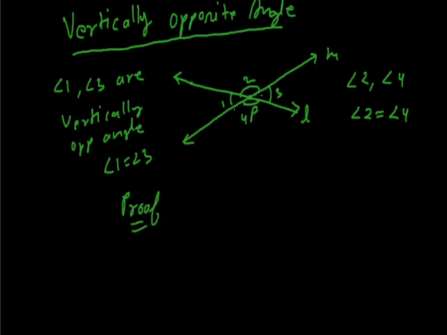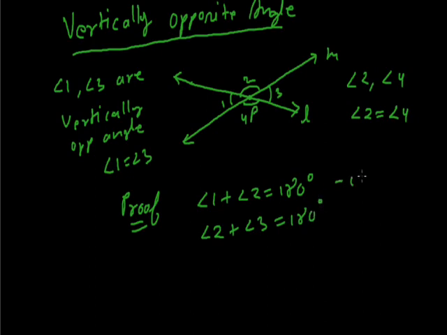As we know that the line M is a straight line, so the angles made on this line should sum to 180 degrees. So we can say that angle 1 plus angle 2 is 180 degrees. In the same way, L is also a straight line, so the angle made on this line is also 180 degrees, that is angle 2 plus angle 3 should be 180 degrees.